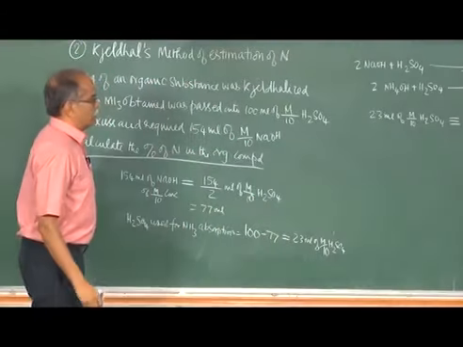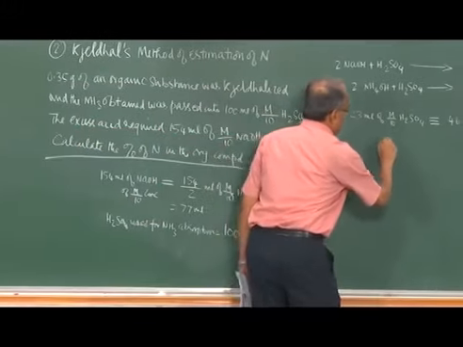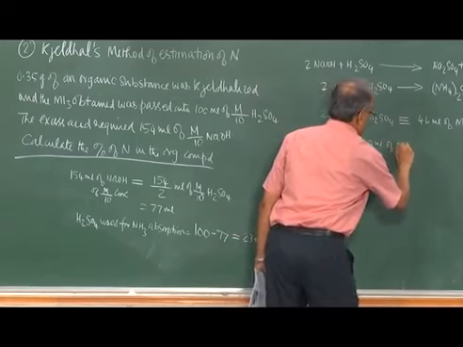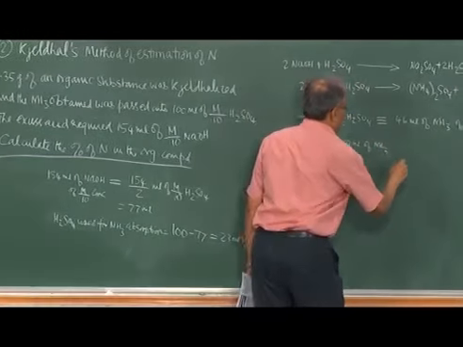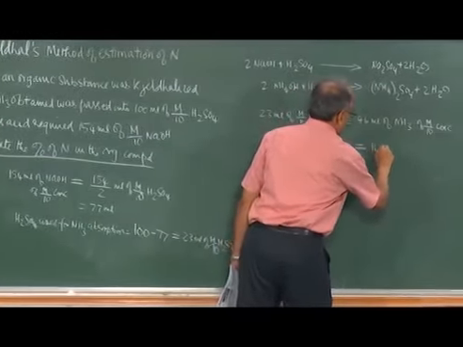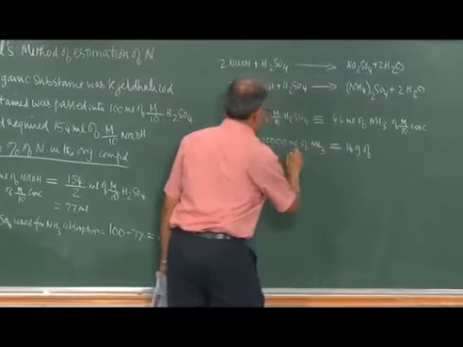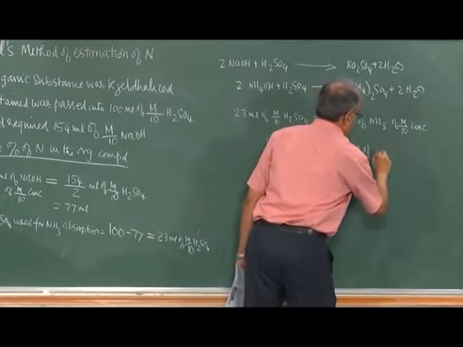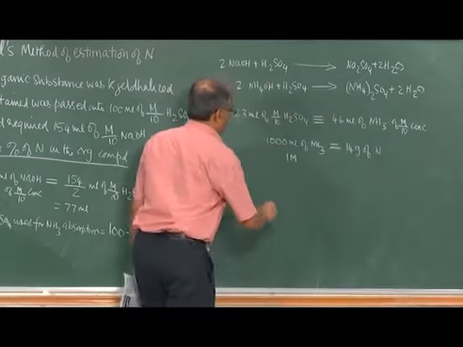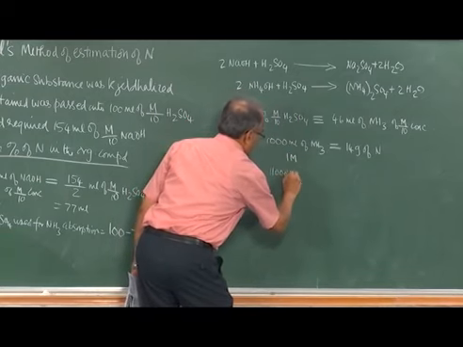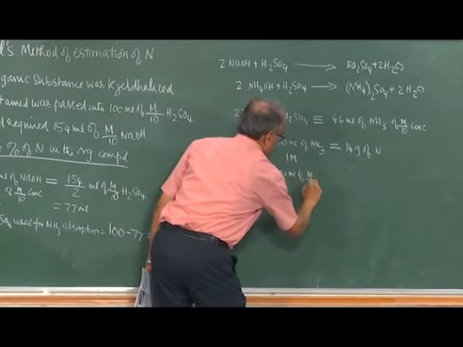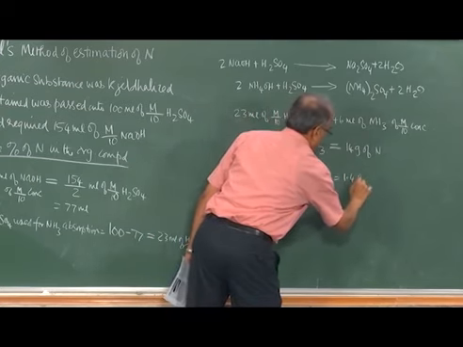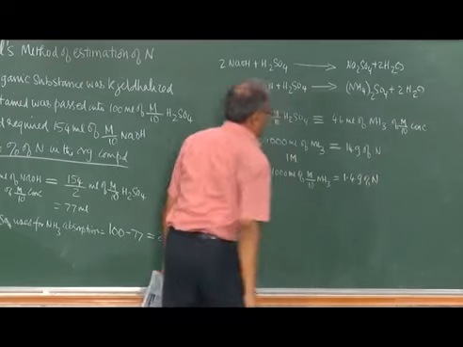So, 1000 milliliters of 1 molar ammonia corresponds to 14 grams of nitrogen. 1000 milliliters of M/10 ammonia would contain 1.4 grams of nitrogen.